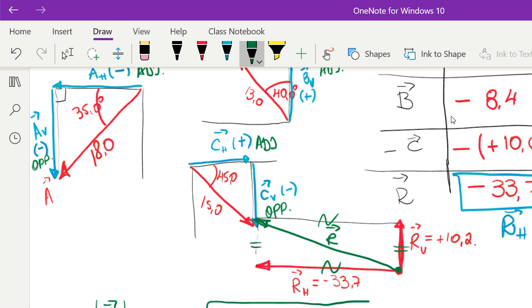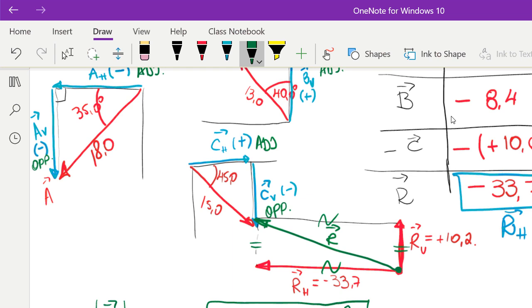So the square root of negative 33.7 squared plus 10.2 squared is equal to 35.2. So this is the magnitude of the resultant.